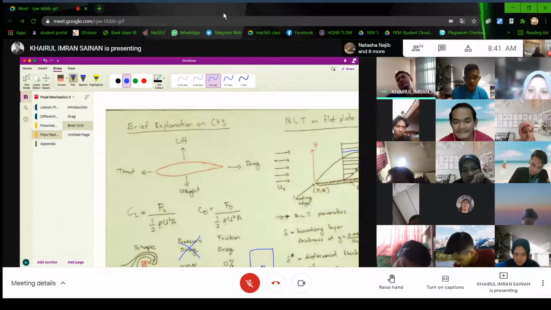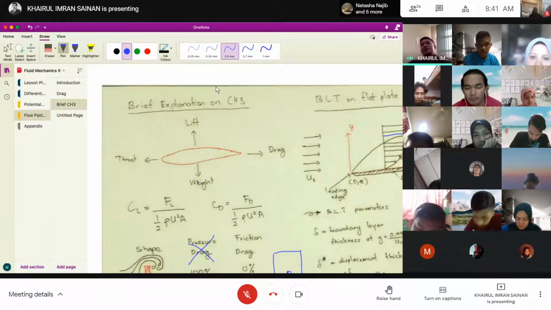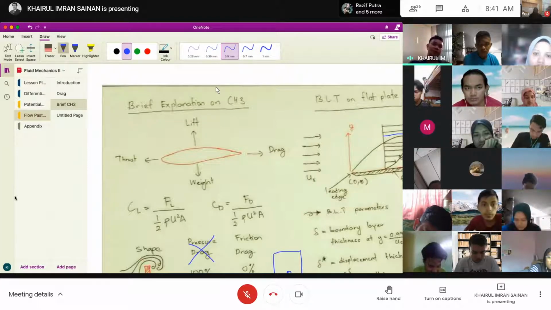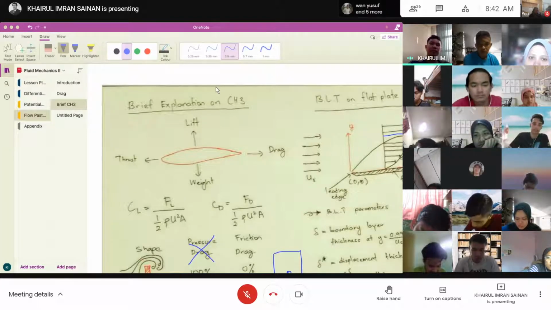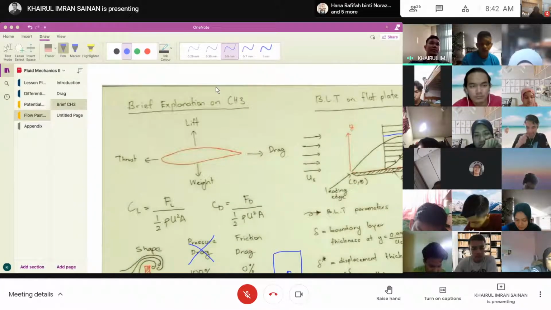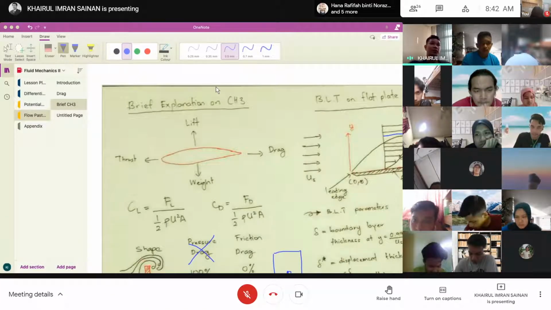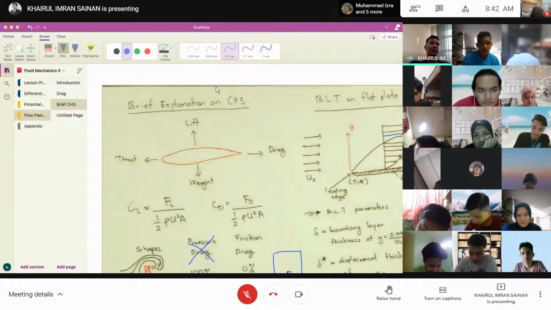Okay, let's talk about aerofoil. This is just knowledge. Aerofoil. So just now somebody told us about aircraft, right? So aerodynamics is when aircraft try to fly, the design of the aerodynamic is actually at the wing.